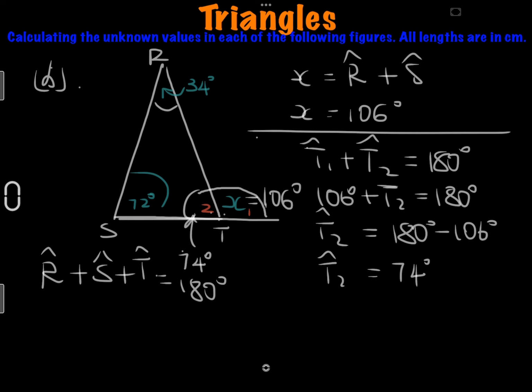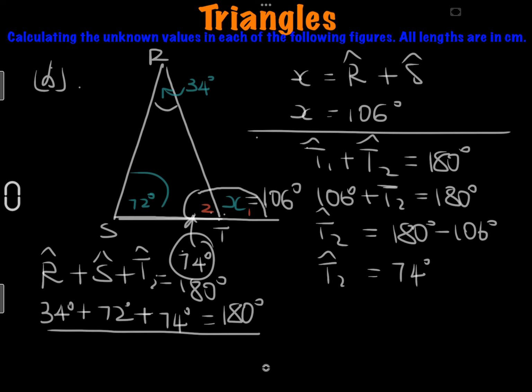Angle R is 34 degrees, plus angle S is 72 degrees, plus angle T, in this case angle T2, which we found to be 74 degrees. Let's see if it indeed gives us 180 degrees. So 34 plus 72 plus 74 indeed gives us 180 degrees, which means our answer is correct.